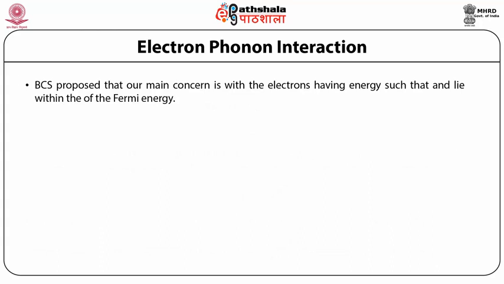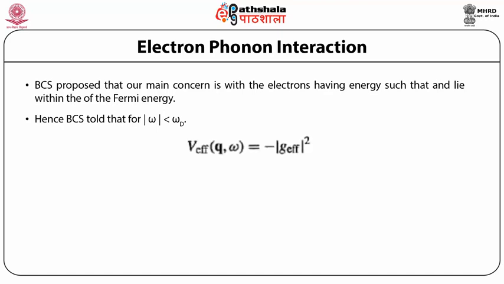Now, the BCS theory proposes that our main concern is with the electrons having energy that lies within the Fermi energy. Hence, the BCS theory tells us that mod of omega should be less than the Debye frequency omega_D. That implies that this V effective potential is negative of the mod of g effective squared.